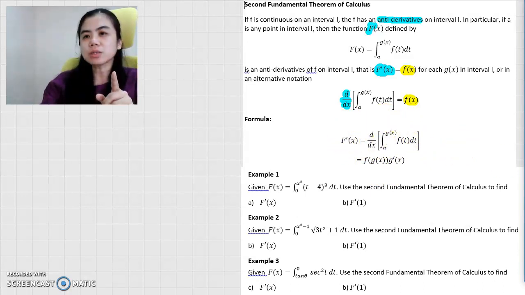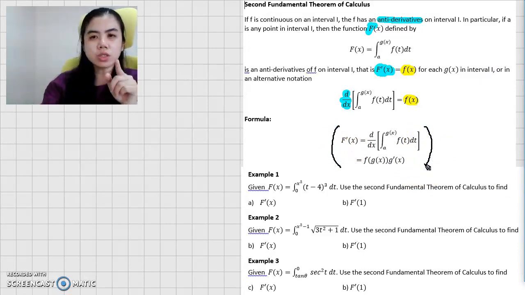What you have to do is just focus on the formula itself. The first thing that you have to do is identify what is your g of x and what is your function f of t.